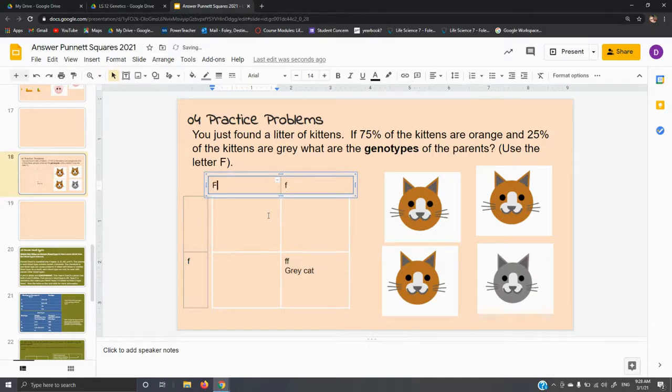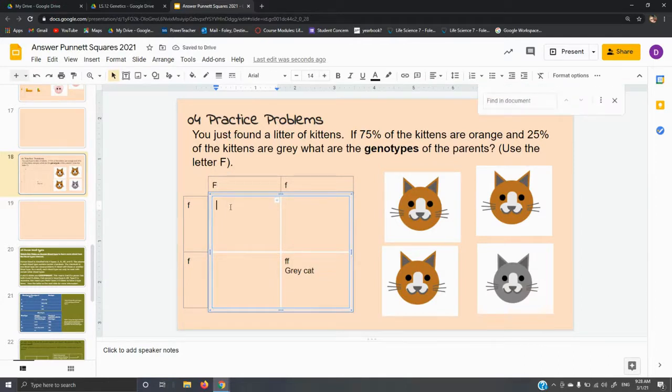Okay, what if we do capital F and then lowercase f? So that would be capital F, and then we're going to have F here, and then little f here. So we're still going to have 50-50 if we do that. Okay, so we brought the capital F down, and we brought the little f's over like that.